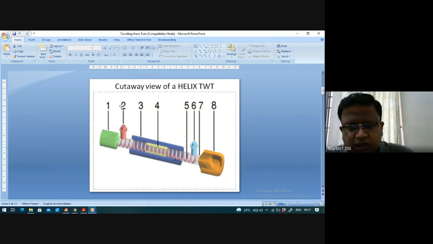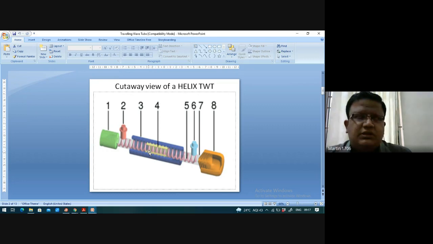Once the RF input signal comes inside, the flow of electrons also starts. It tends to move in this helical structure. Normally this helical structure is a normal conducting medium. Once conduction happens, it looks like a solenoidal effect, which you may have studied in your physics.